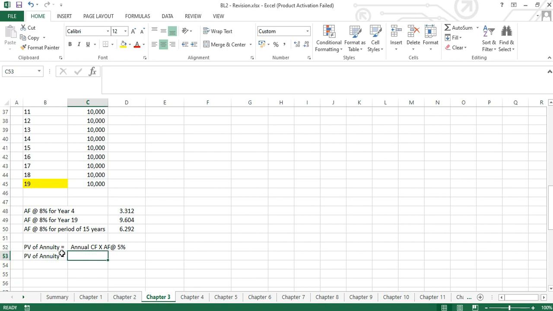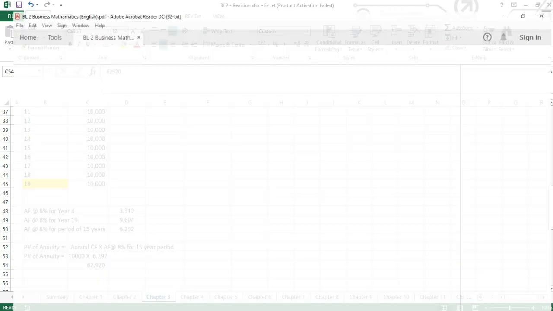That's equal to annual cash flow of 10,000 multiplied by the annuity factor. Actually, this is 8% for a 15-year period. Period is a very important word because it makes sure that it's not the 15th year but the 15-year period. 6.292, your answer will be 62,920.